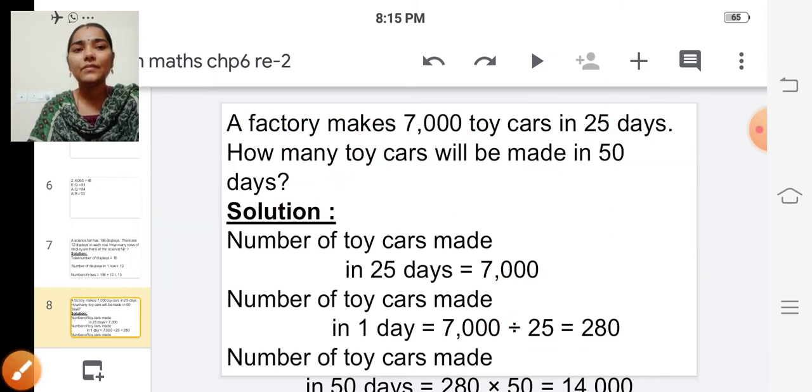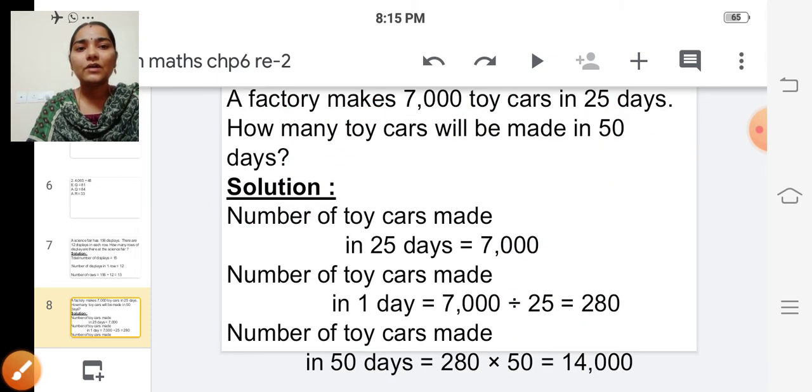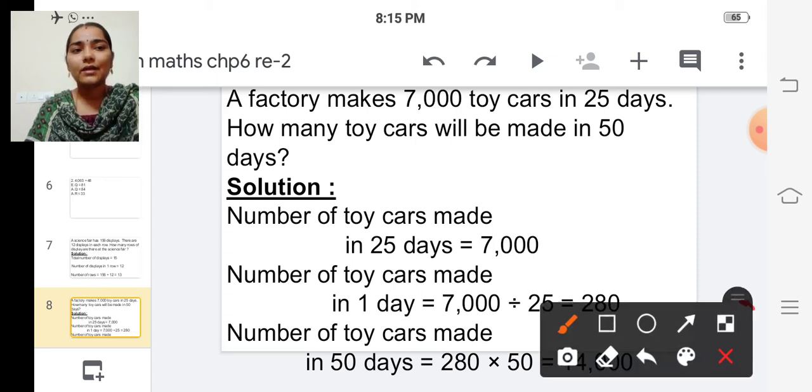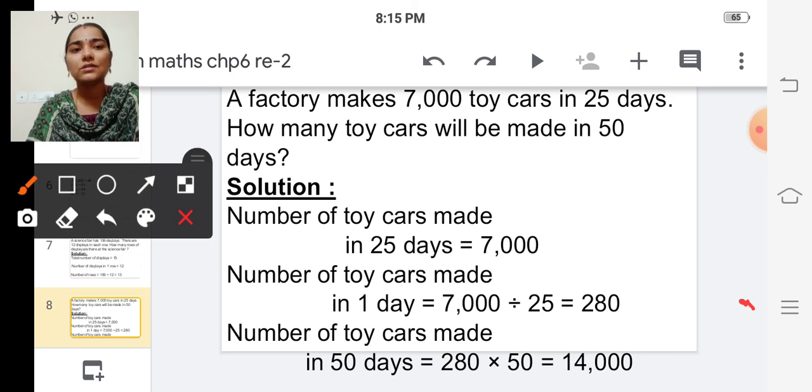Okay. So number of toy cars made in 50 days is equal to 280 into 50. So here both multiplicand and multiplier are having zeros, isn't it? How many zeros? 2 zeros. So we have to write these 2 zeros at the end. And now we can multiply the remaining digits.